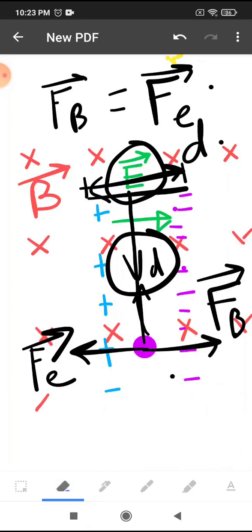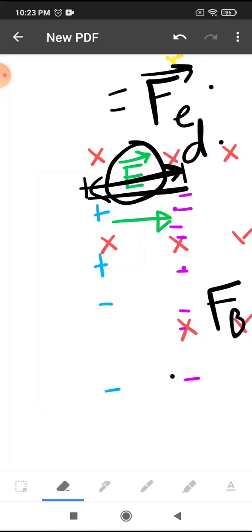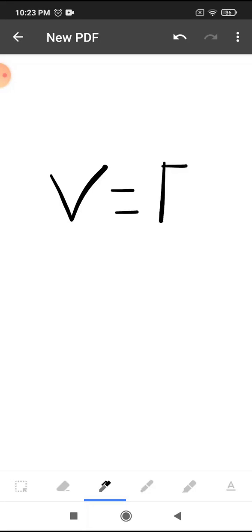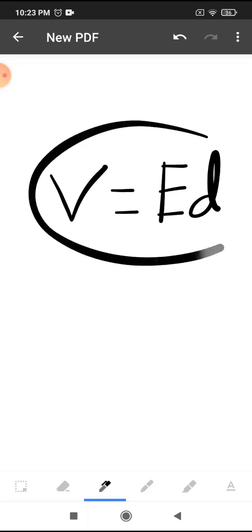Now we know that if we have an electric field in a region, and this electric field is uniform, we can say some potential difference V is set up between the two edges of the conductor, and that is equal to the electric field times the width of the conductor. We know this from the basics of electrostatics.